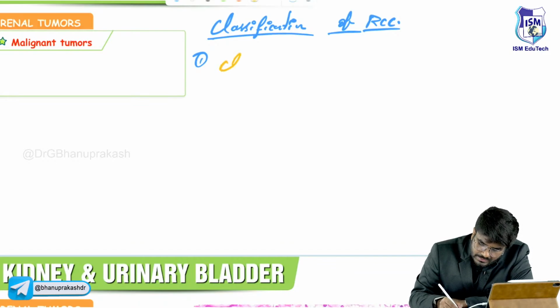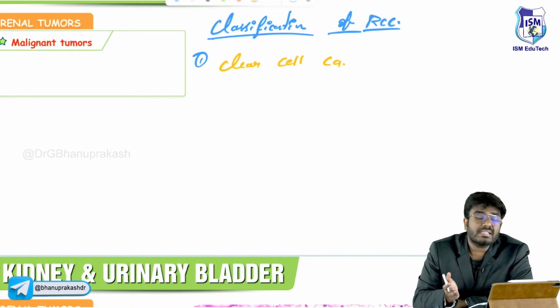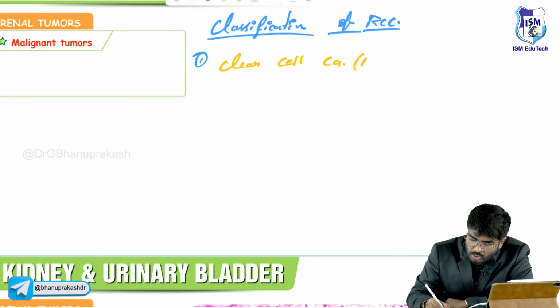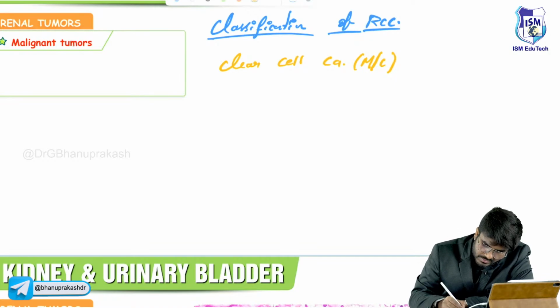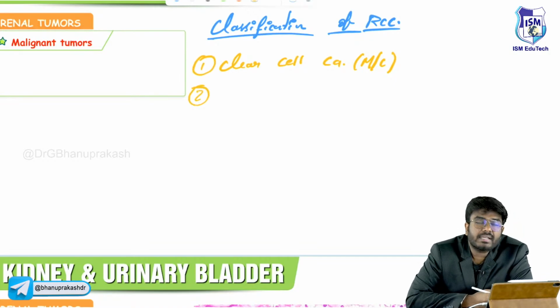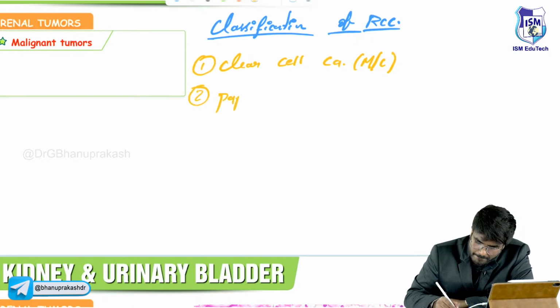One is clear cell carcinoma. The clear cell type of renal cell carcinoma is the most common type. The second type is papillary carcinoma.